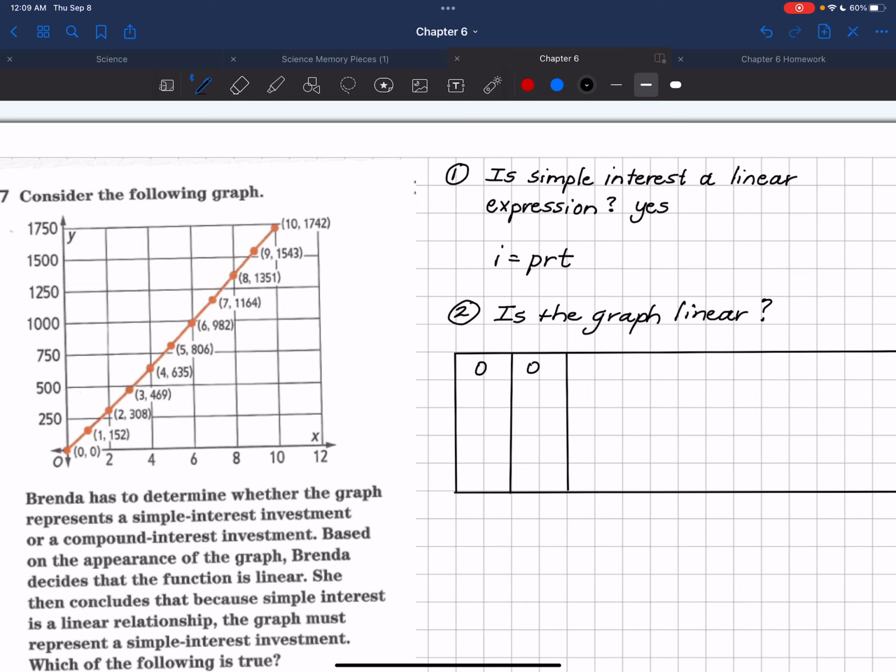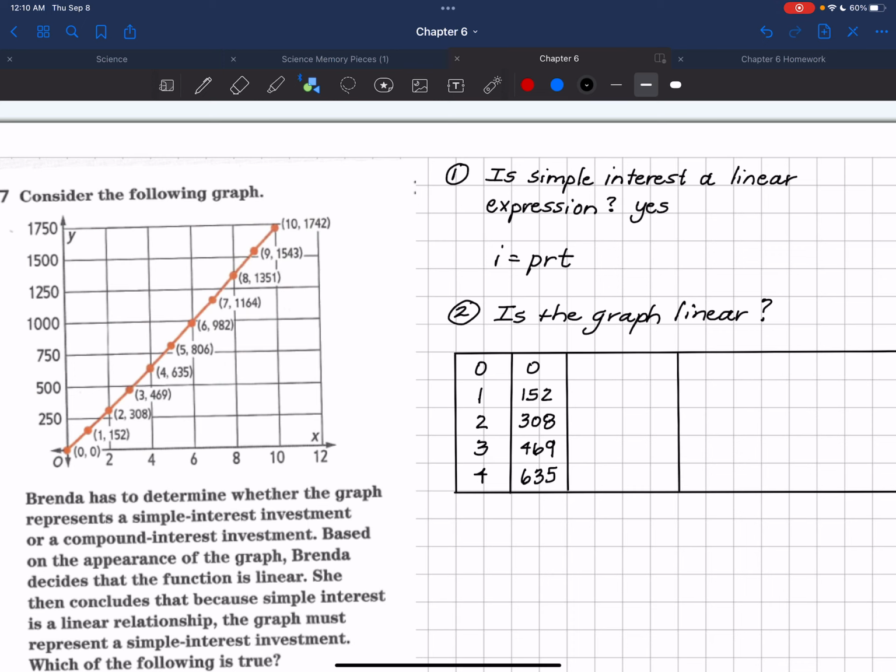That's the y-intercept. Then we have 1 and 152. We have 2 and 308. We have 3 and 469. We have 4 and 635. And we could keep going, but this is enough to tell me what I need to know.